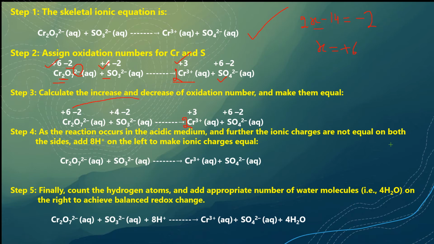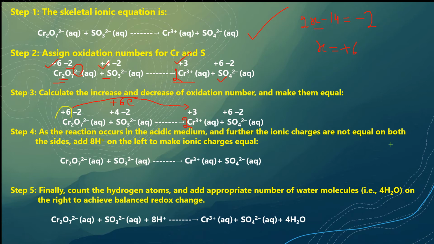From +6 to +3, that means it is taking electrons. So there are 2 Cr, 2 chromiums on both the sides. If one is taking 3 electrons, then 2 will be taking 6 electrons. So I will write +6 electrons. Let me tell you again in case there is any confusion.